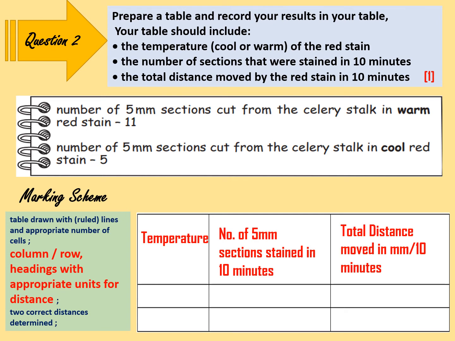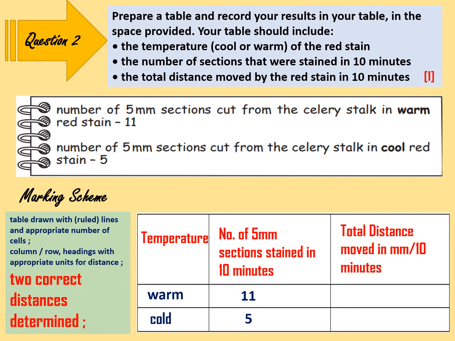For example, the first column is the temperature. The second column, the number of 5 millimeter sections stained in 10 minutes. In the third column, the distance moved in millimeters in 10 minutes. So that's our second key point. Now the third key point: you are supposed to put the two correct distances determined, one for warm and the second for cold.